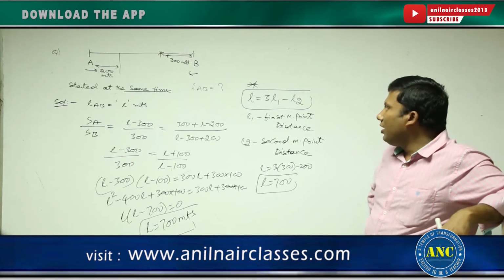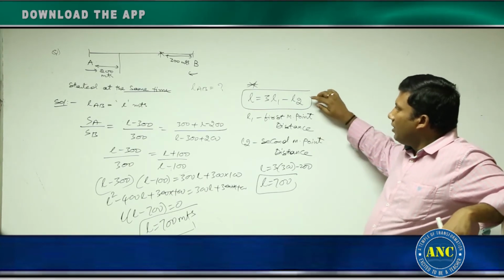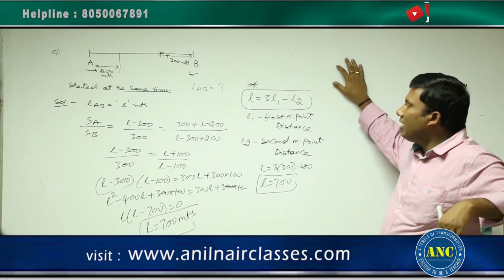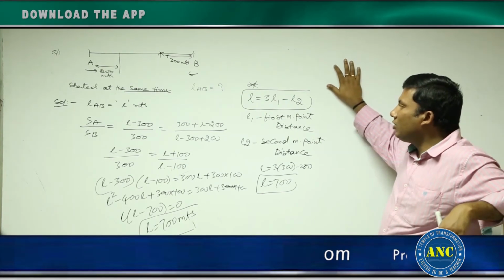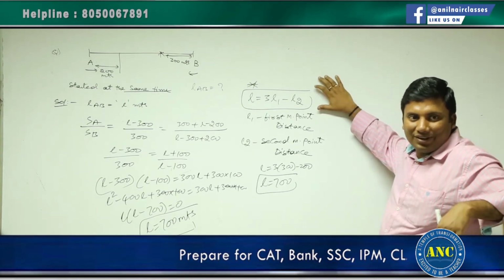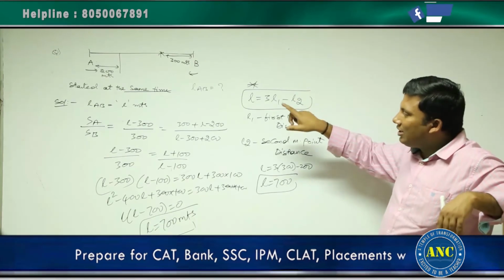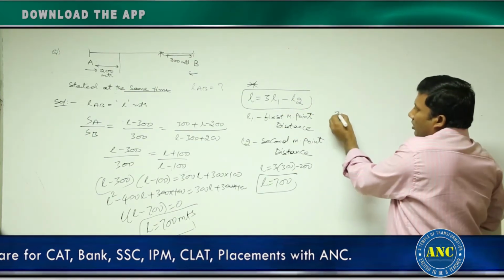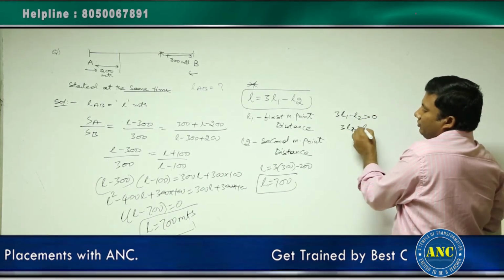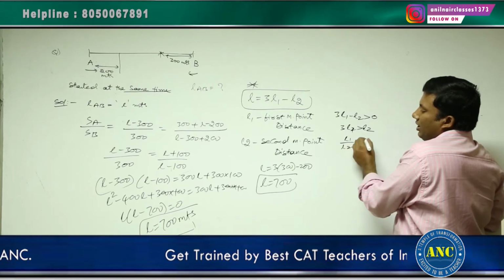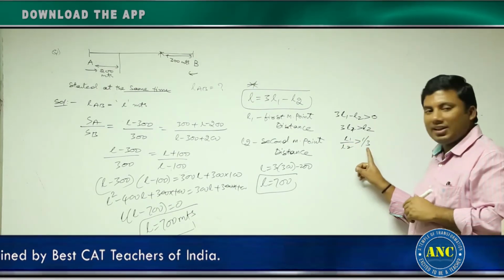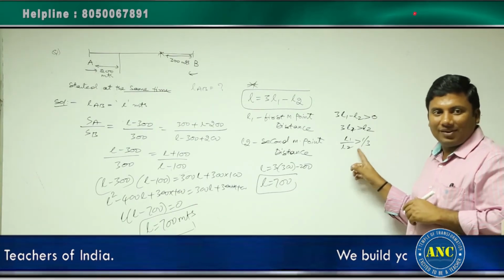No. Here always the ratio matters: if L is greater than 0, then 3L1 minus L2 is greater than 0, so 3L1 is greater than L2, and L1 by L2 should be greater than 1 by 3.